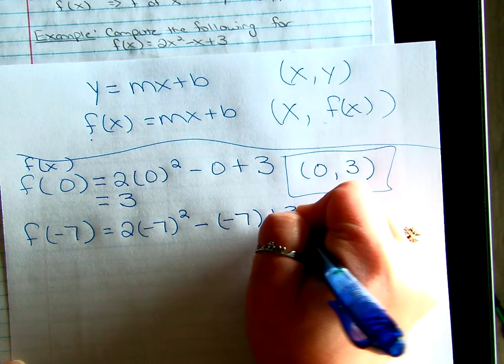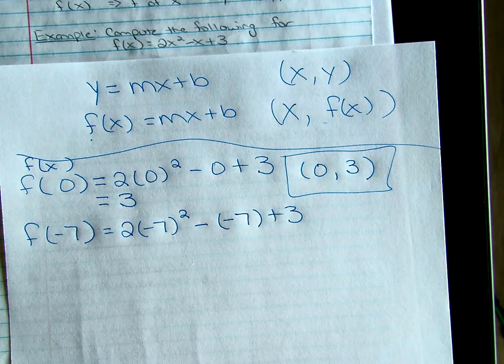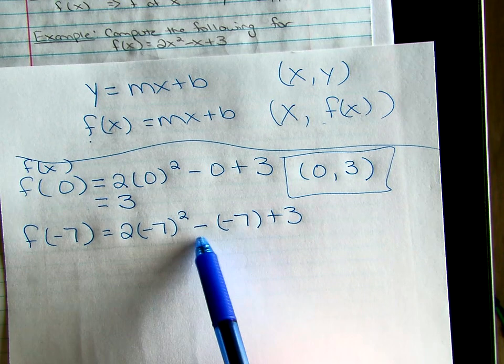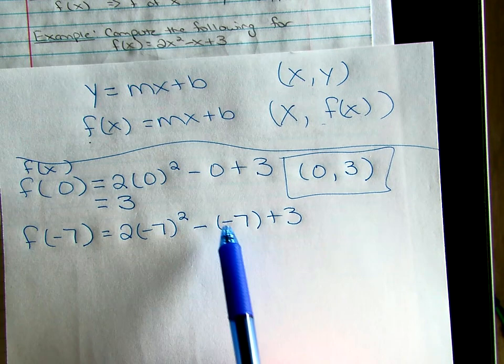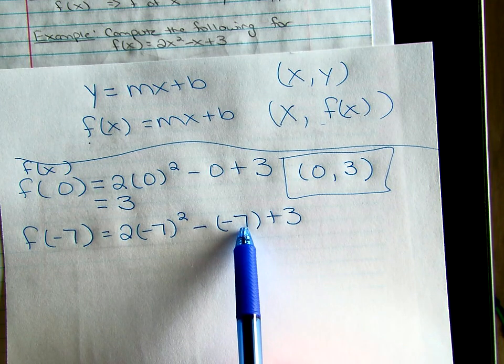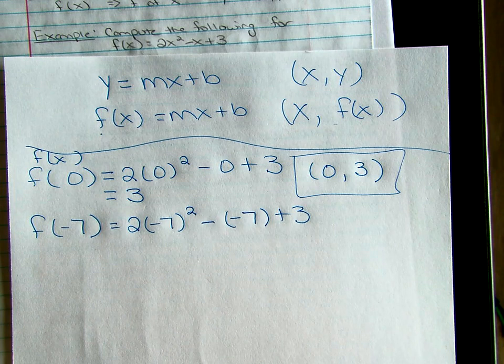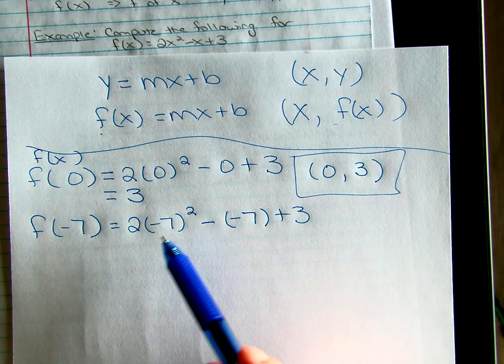You have to be careful because the value that you are plugging in is negative. You do not just drop it here when it says minus x, because what you have is minus whatever that x value is, which is also negative. So you're going to have to remember your double negatives. You're going to have to remember what happens when you take a negative times a negative.